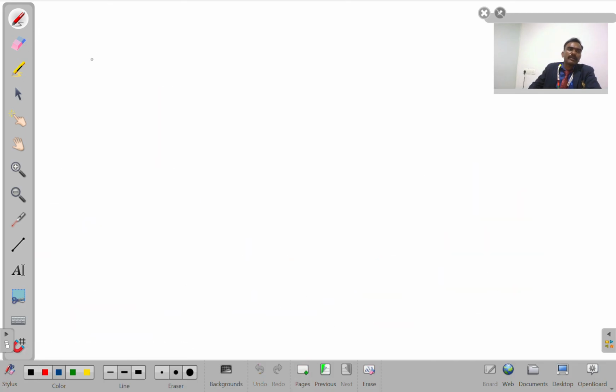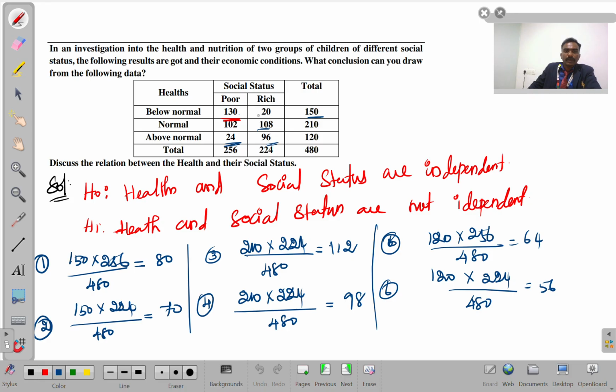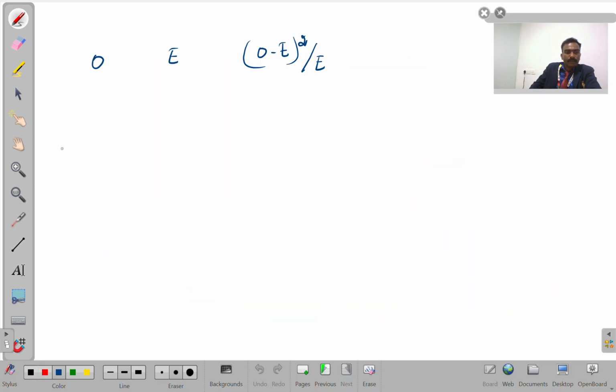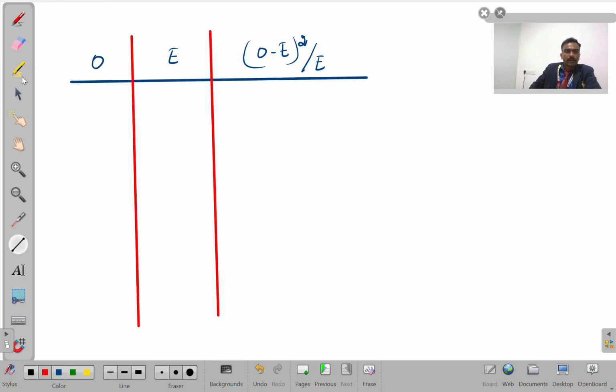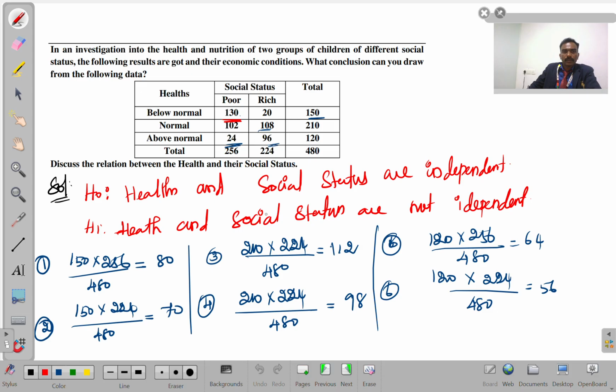Next, we need to find the test statistic value. We know that for the test statistic, we need to find observed minus expected, the whole square, divided by expected. So here the observed frequencies are 130, 20, 102, 108, 24 and 96.